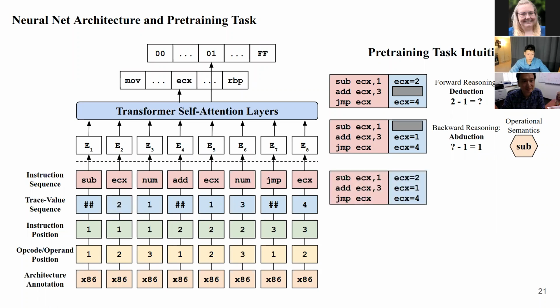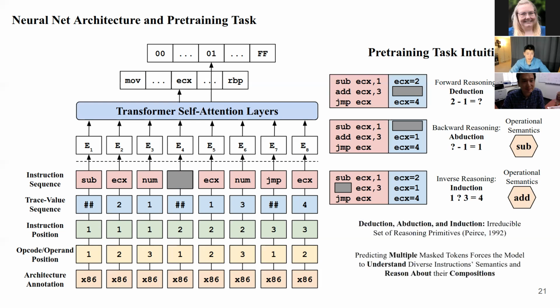And here, if we mask the token in the instruction sequence, which is addition, we're asking the model to perform inverse reasoning by performing program induction, which is, given the input and output, 1, 3, and 4 here, the model has to understand the operational semantics of addition in order to predict that the token should be addition instead of subtraction or XOR or other tokens.